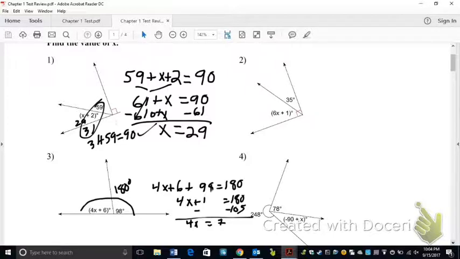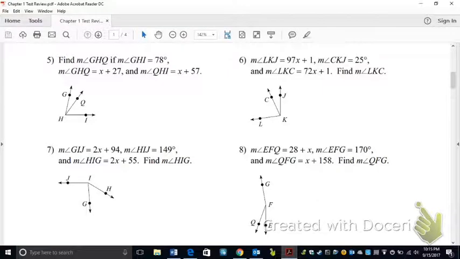Let me go back and check my work. I realized that I should have put 104 there, 104 there, and 104 there. Which means now that 4x equals 76, I'm going to divide both sides by 4, and I get x equals 16. Again, if I wanted to, I could go back, plug that in, and make sure.